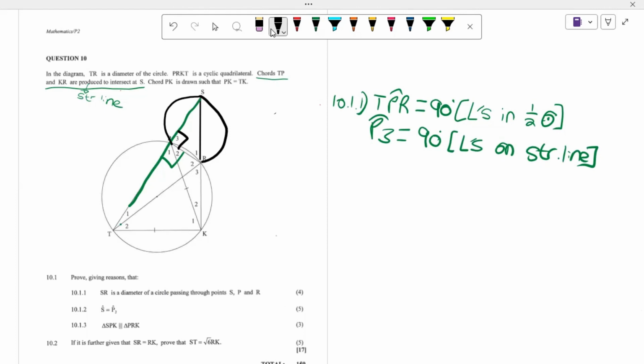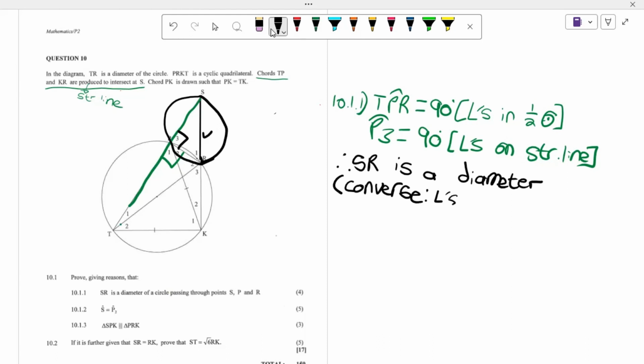Let's not deviate from the question. The question wants us to prove that SR is a diameter. So I can say, therefore, SR is a diameter, and my reason will be because it is the converse of angles in a semicircle.